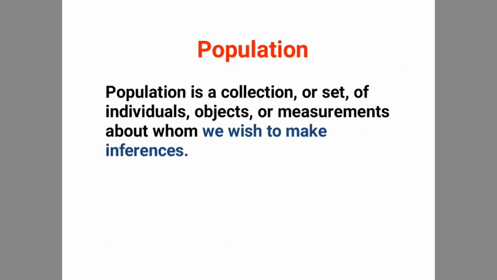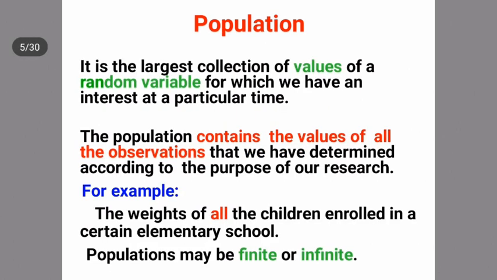Population is a collection or set of individuals, objects, or measurements about whom we wish to make an inference. The population contains the values of all the observations that we have determined according to the purpose of our research.